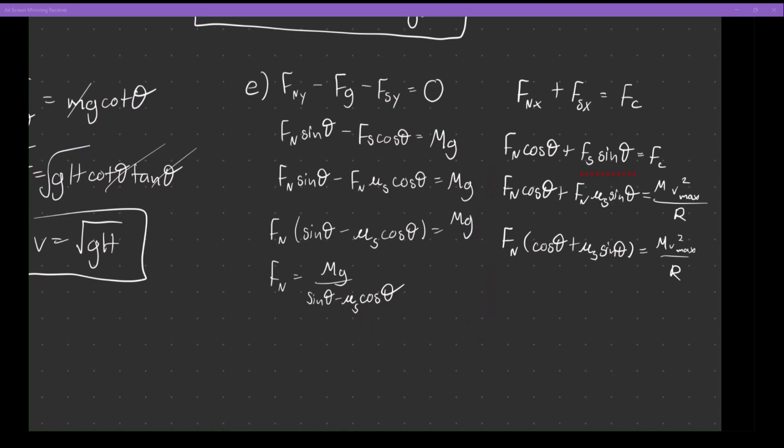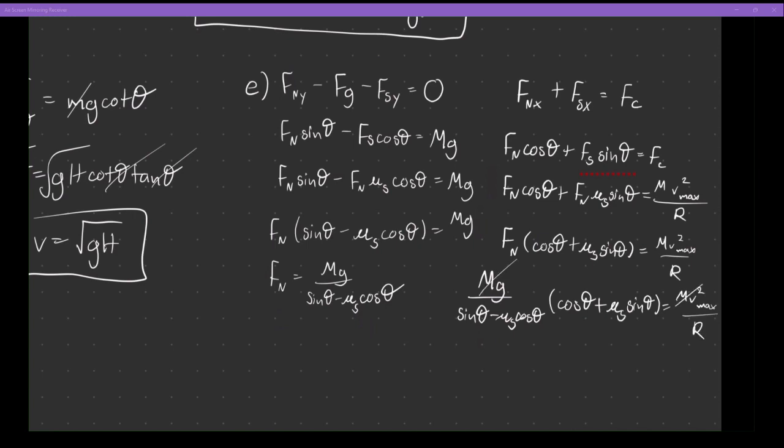And so now f of n is just equal to whatever I got over here. So I can just do mg over sine theta minus mu s cosine theta, times cosine of theta plus mu s sine theta, equals m v squared max over r.